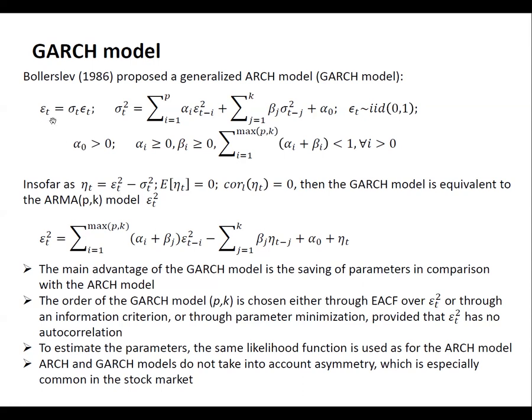The ARMA model residuals are decomposed into time-dependent standard deviations, sigma t, and standardized residuals, which are independent and identically distributed with parameters 0 and 1, all the same. However, the time-dependent variance, sigma squared, is itself an autoregressive process of epsilon squared with lag e.